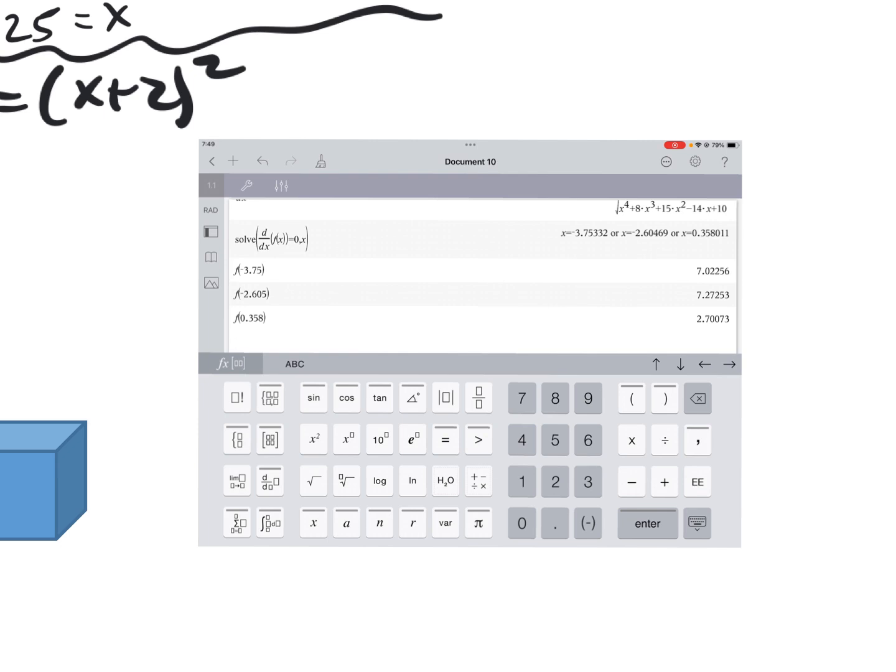So we found critical values. A couple of them are larger ones, and the smallest one would come from 0.358. Okay, so the distance there is 2.7073. Now, we need to find the y value of this. So remember the y value, the equation for this was x plus 2.